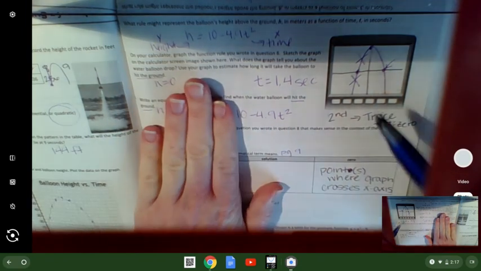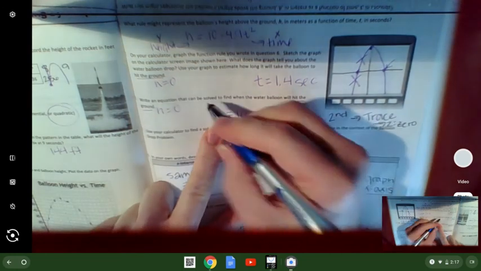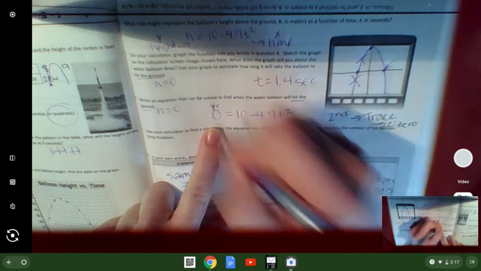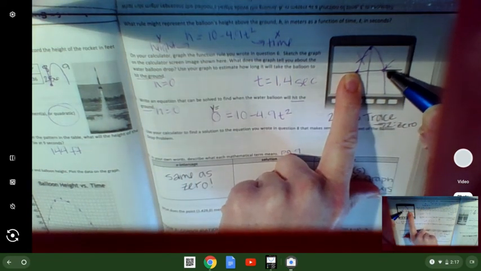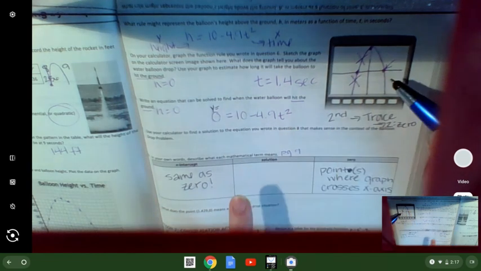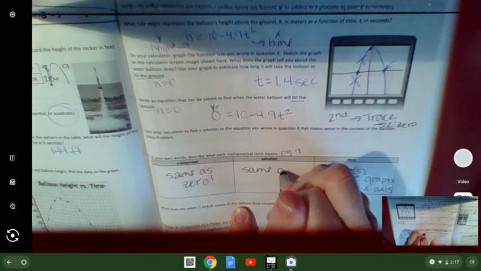Take a look at the right side. That's what I put in my calculator, y equals. This says find me a y value equal to 0. Well, isn't that what we found here? A y value, a height, equal to 0. A solution is also the same as a zero.